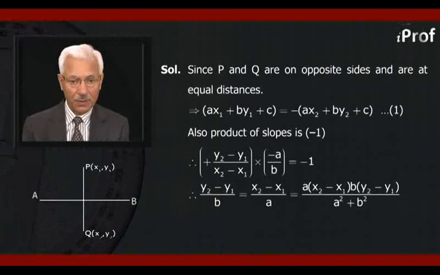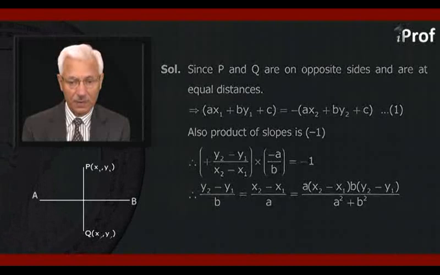Also, the product of slopes, (y2 - y1)/(x2 - x1) times (-a/b), is equal to -1. That is, (y2 - y1)/b = (x2 - x1)/a = a(x2 - x1) + b(y2 - y1) divided by a² + b².